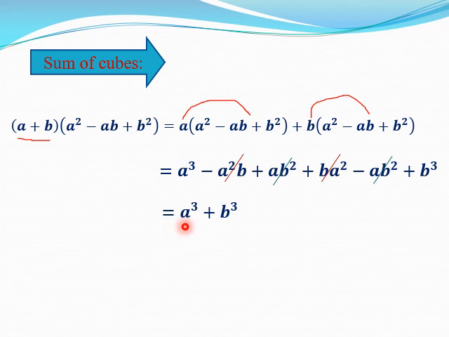We get a cube plus b cube, that is the sum of two cubes. It means that if we multiply two factors in this pattern, then after multiplication we get a cube plus b cube. So a cube plus b cube, the sum of two cubes, is actually the product of these two factors.